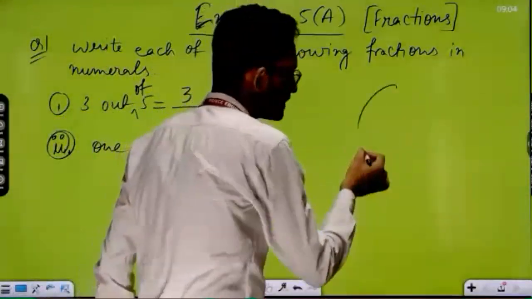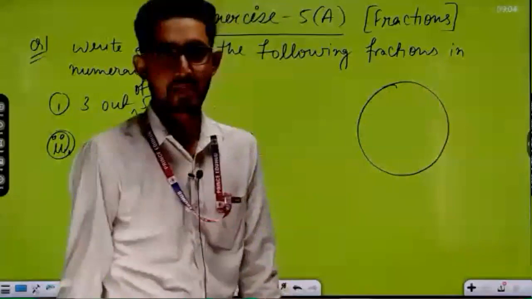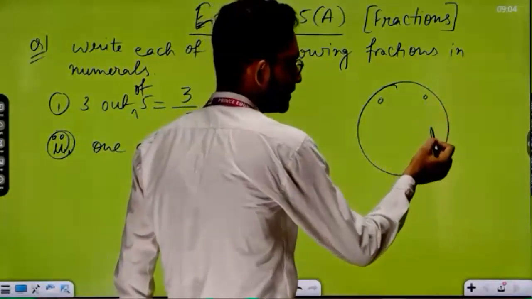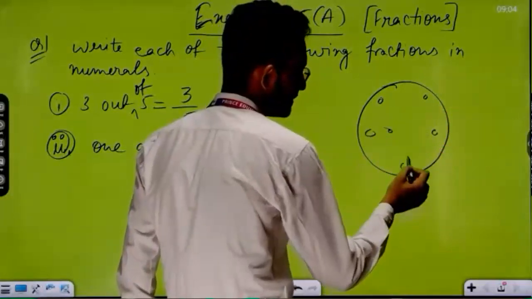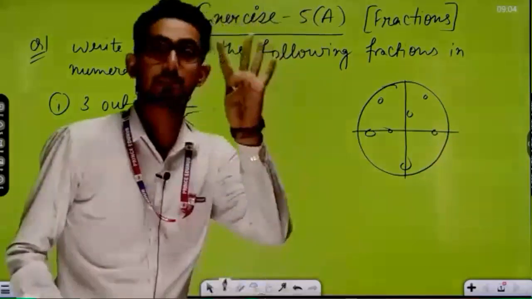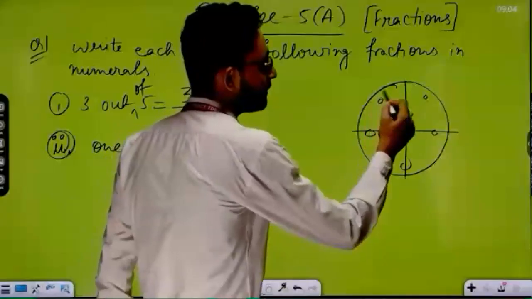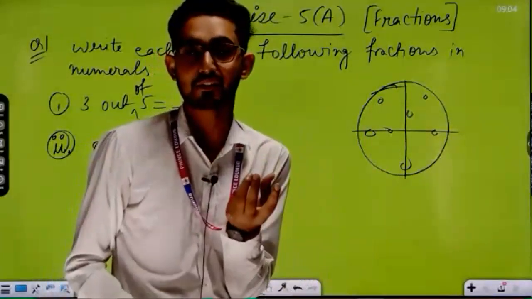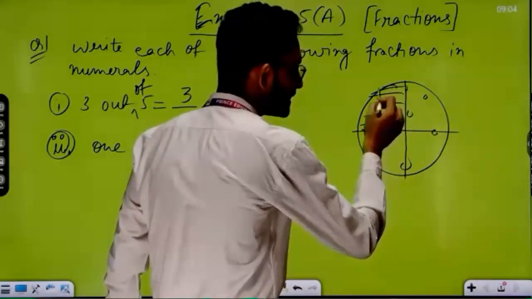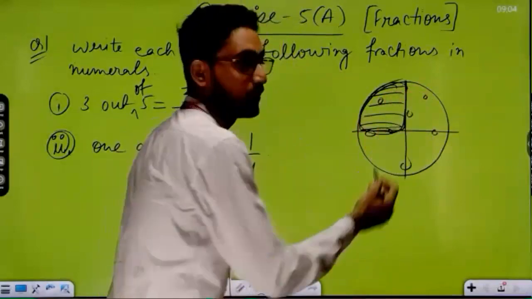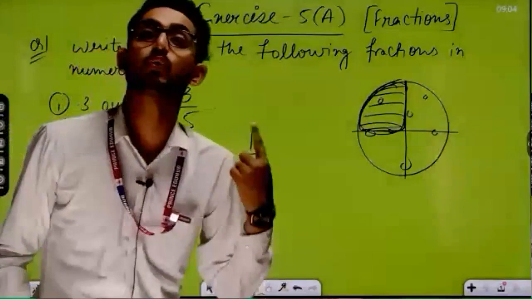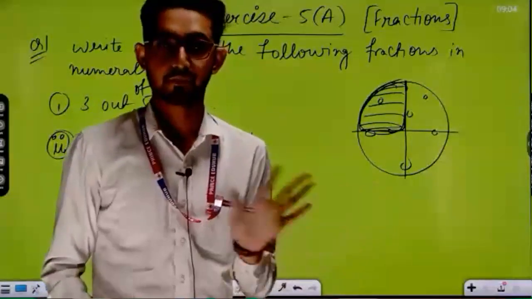Suppose I make one circle like this, one pizza, and I cut this pizza into 4 equal parts, and I give one part of the pizza to Ritika. This portion is known as 1/4, we can say 1 quarter. Understood all of you? Very simple.